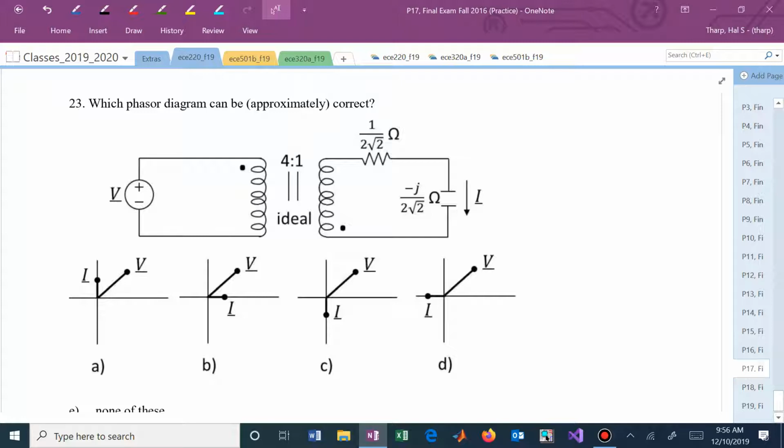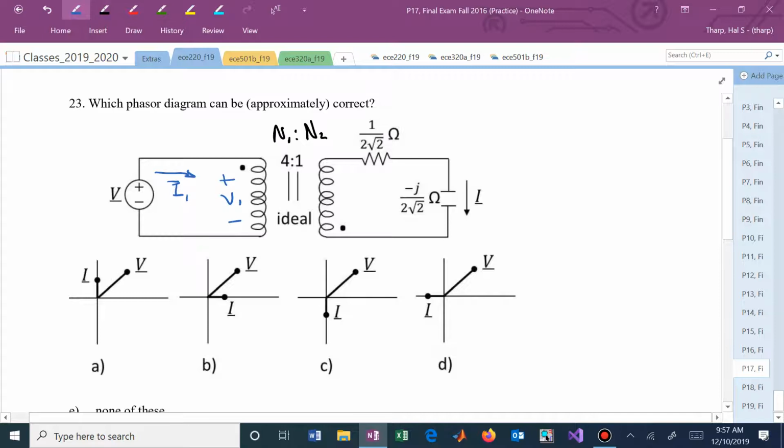You need to establish a V1 and a V2 and an I1 and an I2, because this is an ideal transformer, and we need to now be able to establish those turns relationships based on N1 and N2. So I just went ahead and said, okay, I'm going to call this one I1, and I'm going to call this V1.